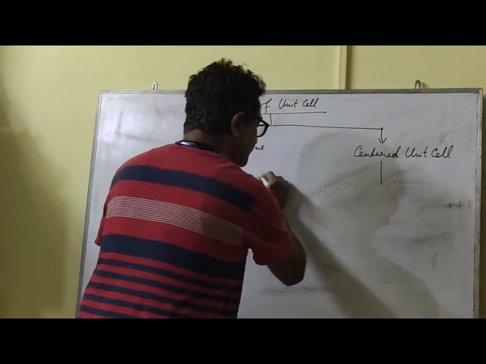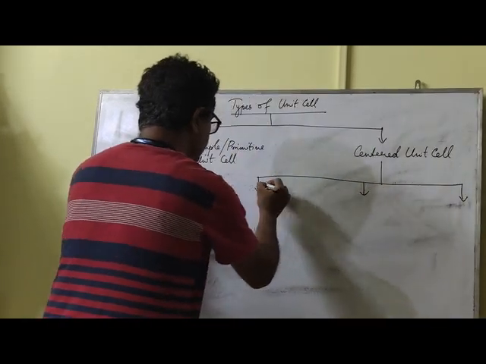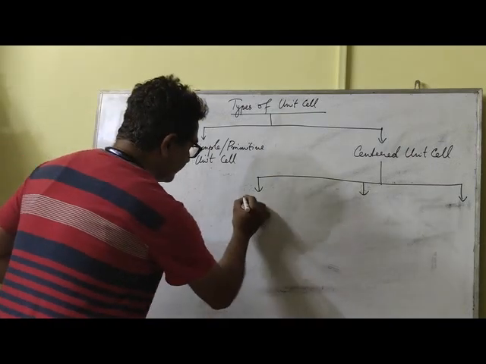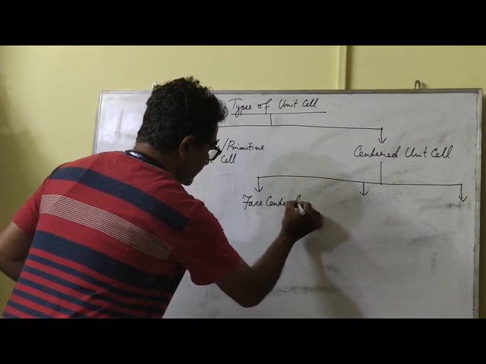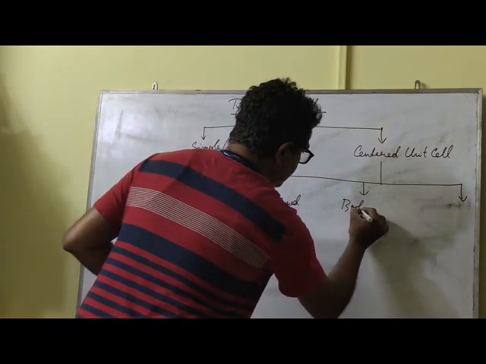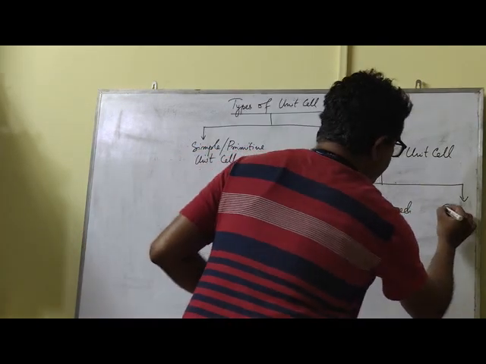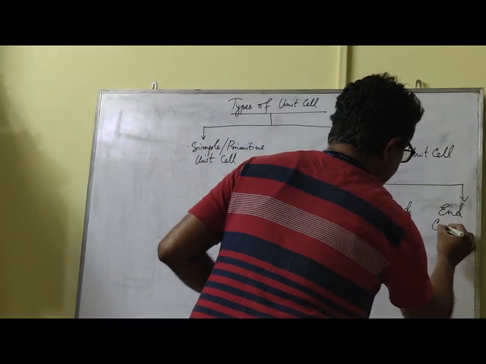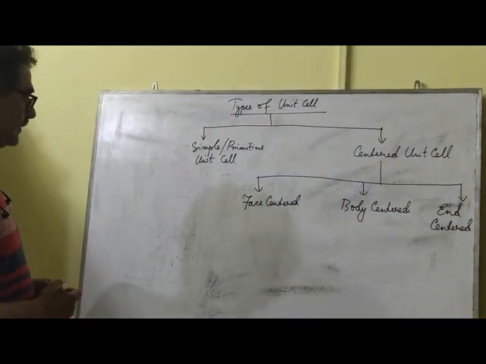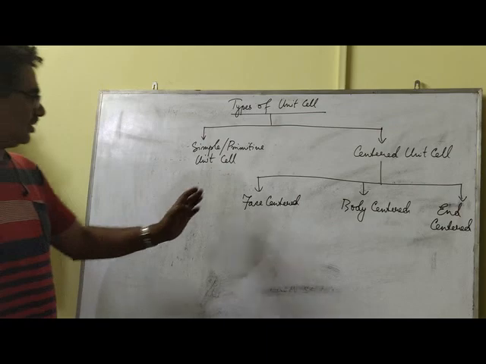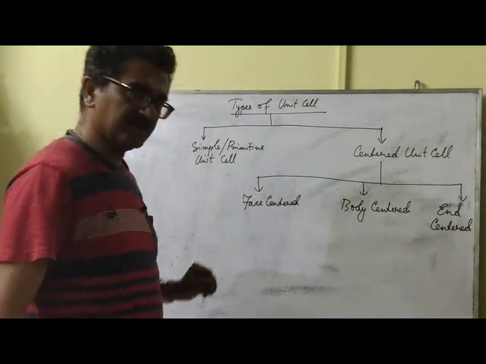This centered unit cell is again categorized into 3 groups. That is face-centered, body-centered, and end-centered. So this is how the categories are built for the different types of unit cells.